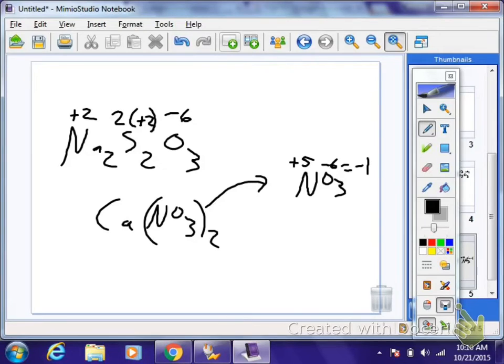If I try to do it in here, then I got 6 oxygens, which would be a -12. I have 2 nitrogens. I got a +2 here, and then I have to go through and figure it out. A lot easier to deal with polyatomic ions on their own. Pull them out if you know it's a polyatomic ion.